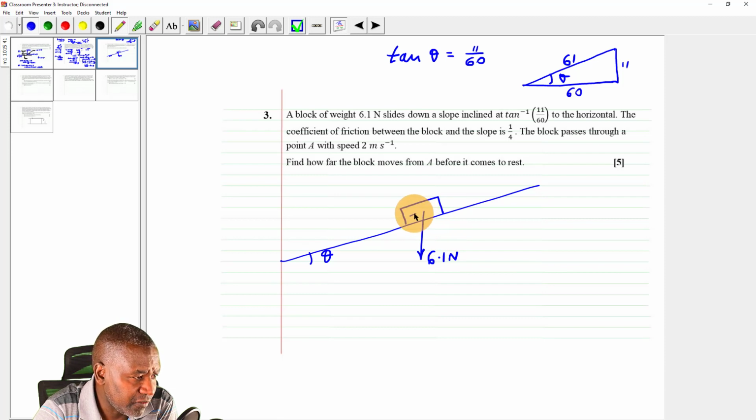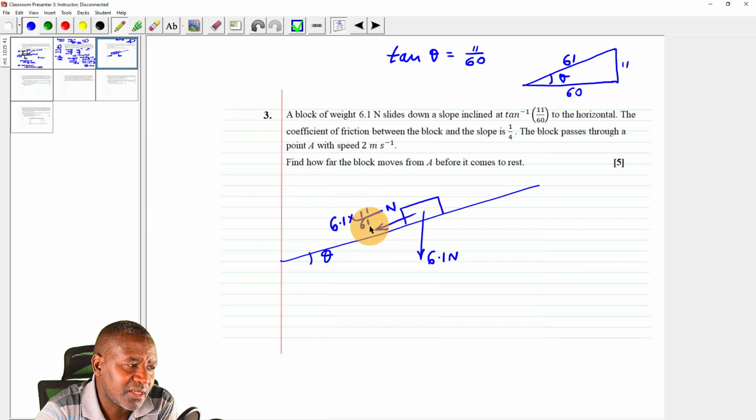We can resolve its weight down the slope, which gives W sine theta, which is 6.1 times 11/61.